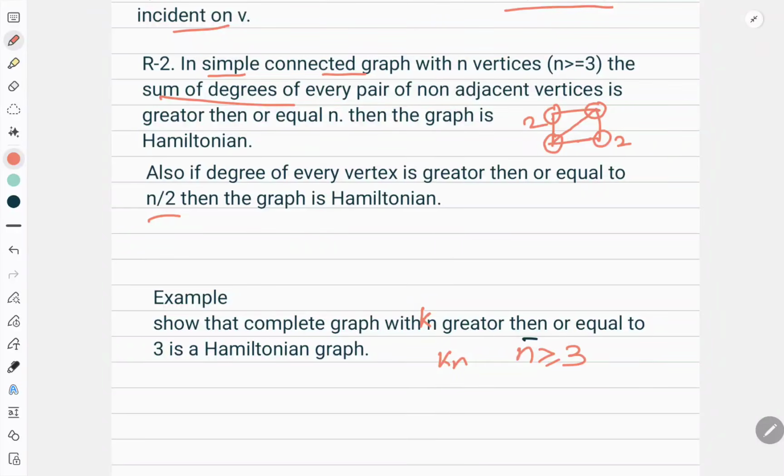Okay, now what is the concept we have to keep in mind? We know that in Kn, every vertex has degree n minus 1.